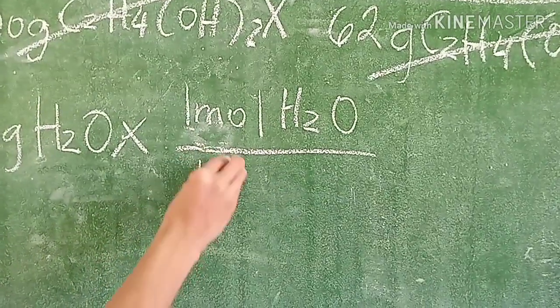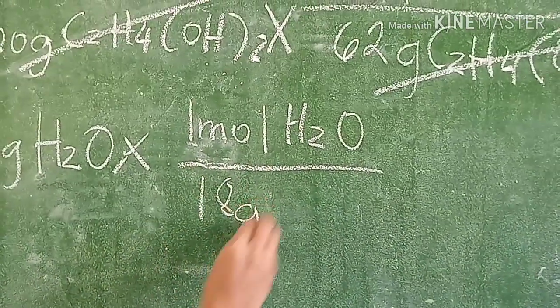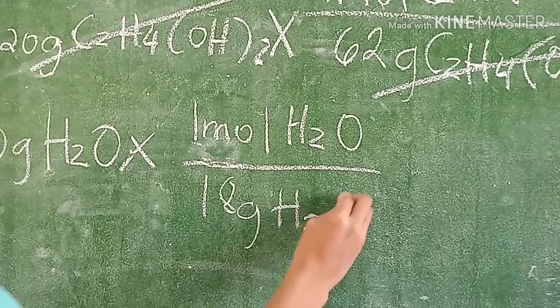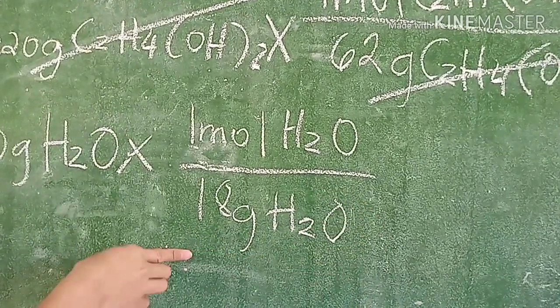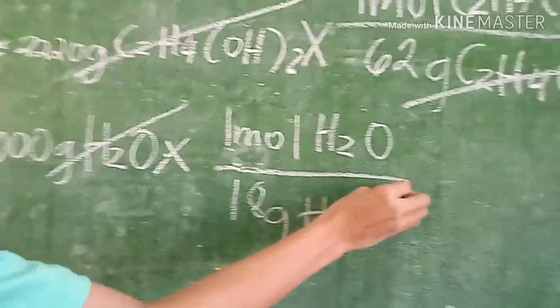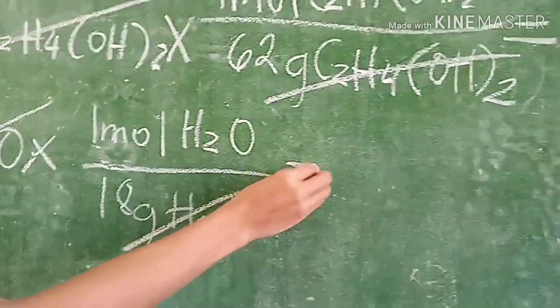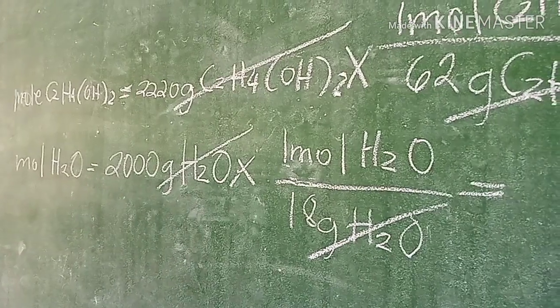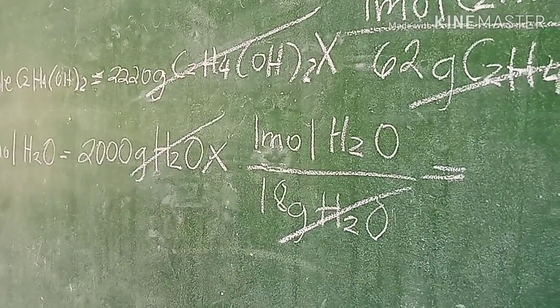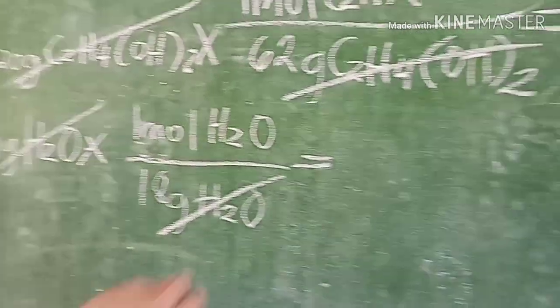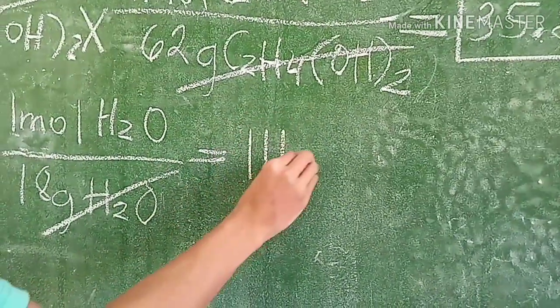Now we can put the molecular weight of H2O, which is 18 grams of H2O, and then we cancel the grams. Then we multiply 2000 by 1 mole of H2O over 18, which results in 111.11 moles of H2O.